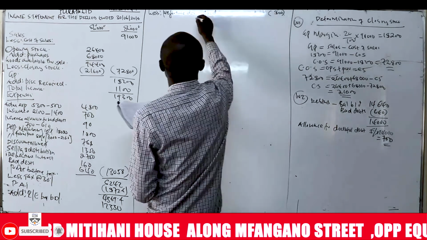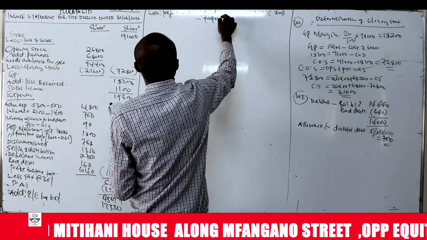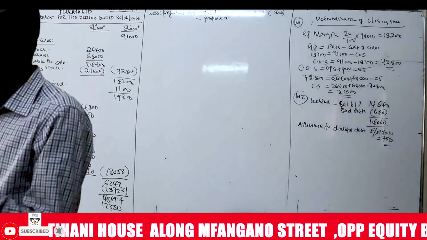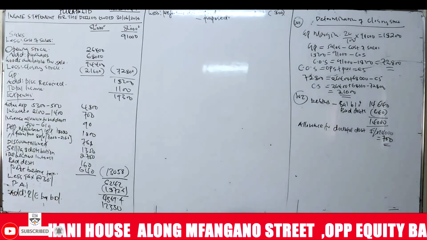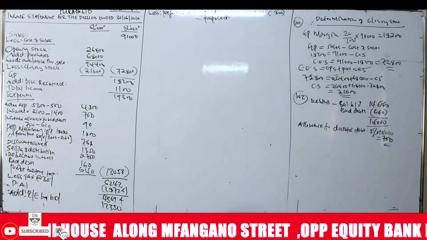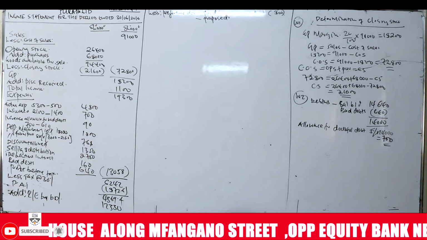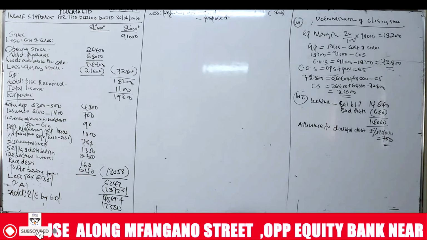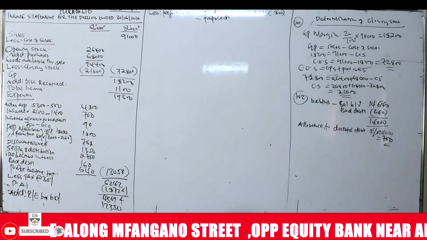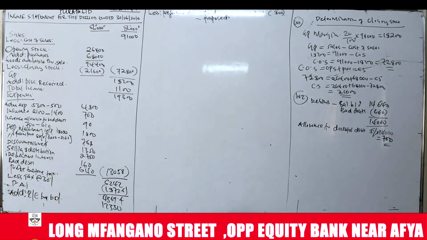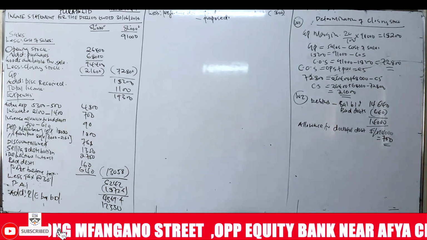And then you less proposed. So proposed, you go to note number 7. A final dividend on preference shares. So the total value for preference shares is 20,000, indicated in the trial balance. So it means 10% of 20,000 is supposed to be the dividend that is paid to these shareholders.